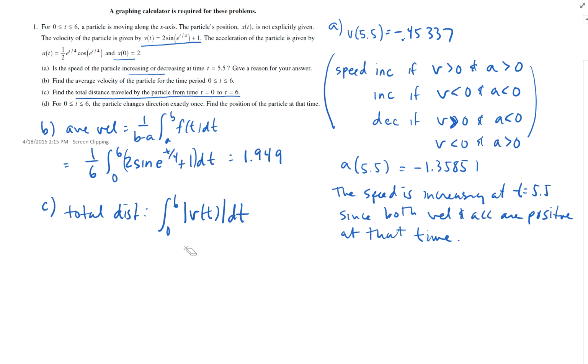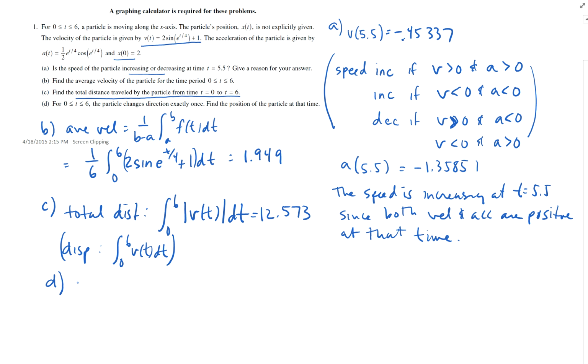You can just simply write it like this on your paper, and if you do that, you get 12.573. Remember, displacement, just for review, would be the integral from 0 to 6 of v of t dt, right? So don't use that, okay? But that's just to remind you.